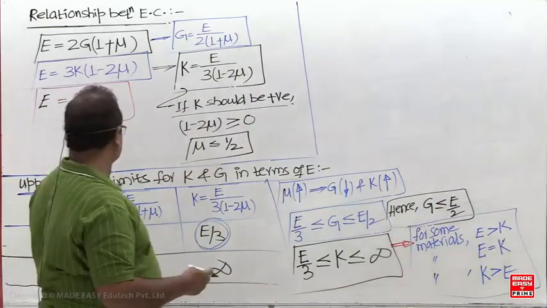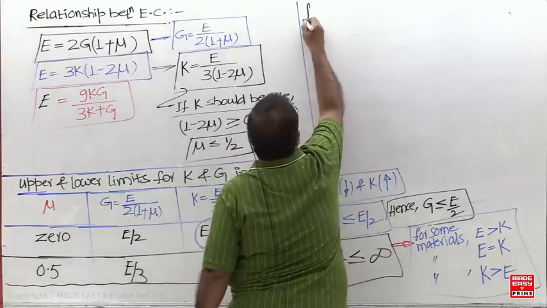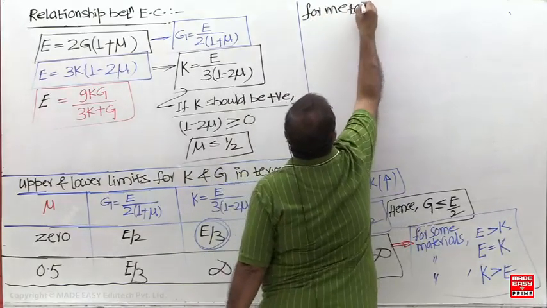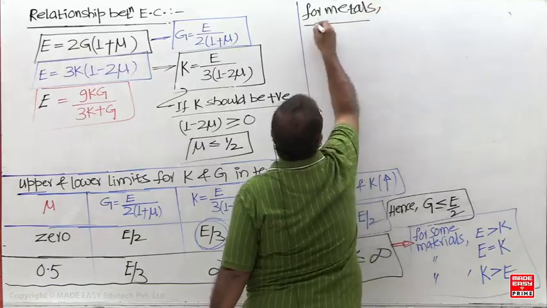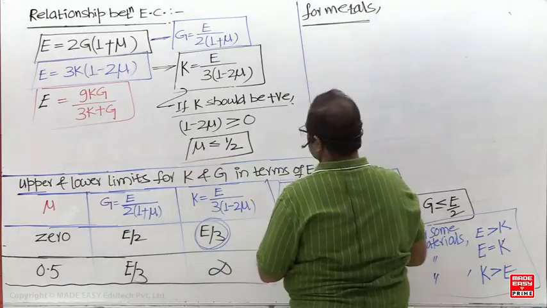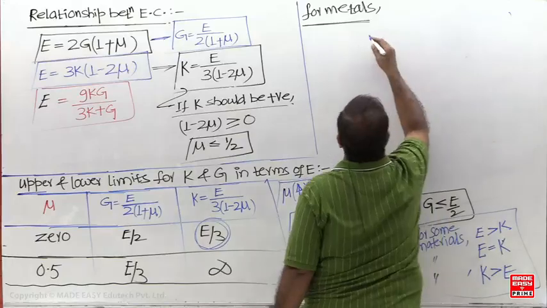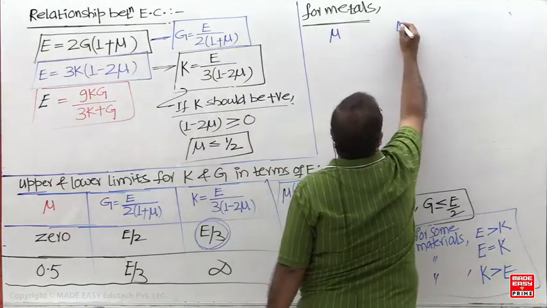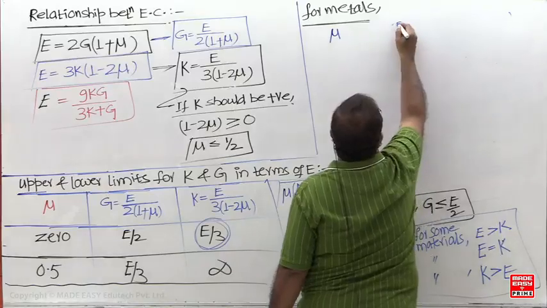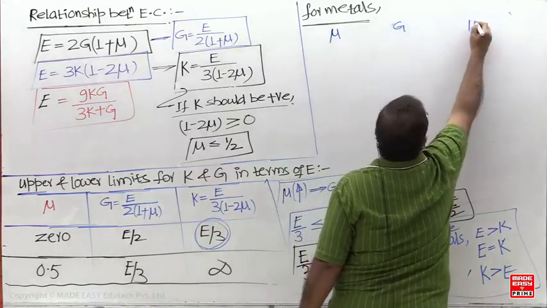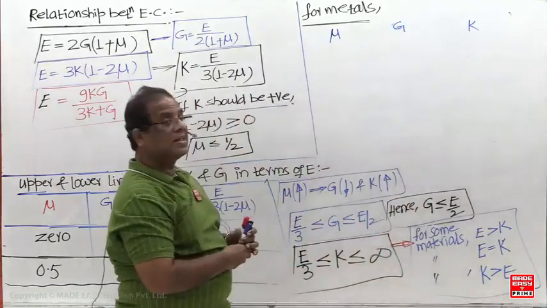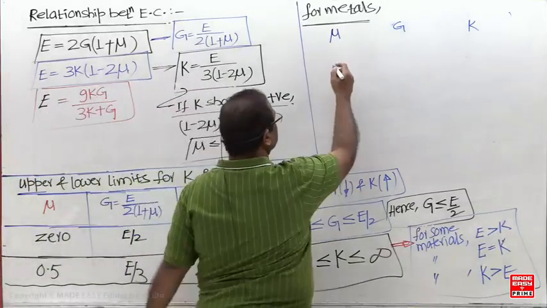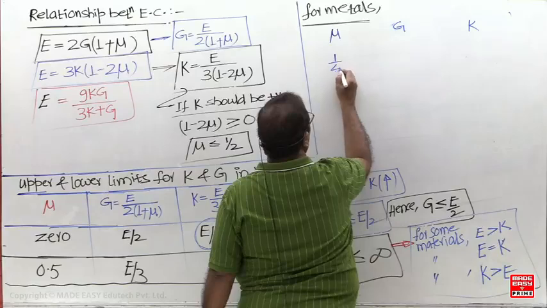Now can you write down this table for metals? For metals, the Poisson's ratio range is 1/4 to 1/3.